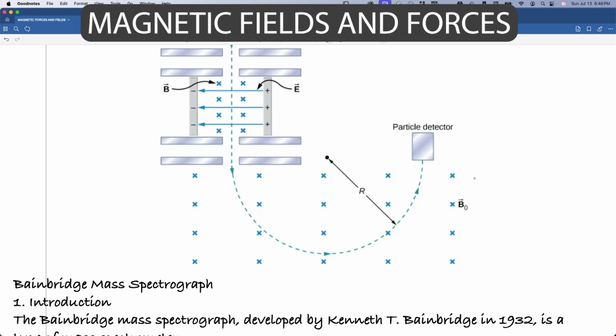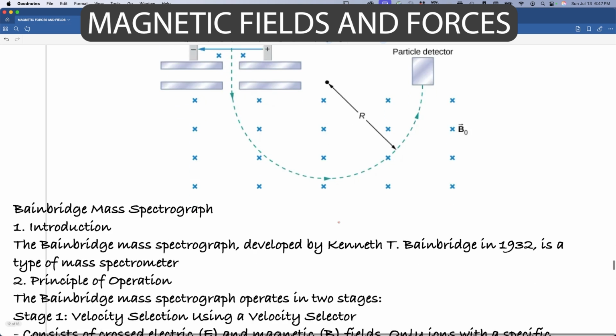So the idea is, I'm going to show you with the formula that the radius of the circular path depends on the mass of these particles. And of course they're charged, but they all have the same charge because they have the same number of protons, but their masses are different. So we're going to find particles of different radii, and by measuring the radius, we can actually calculate the mass of these particles.